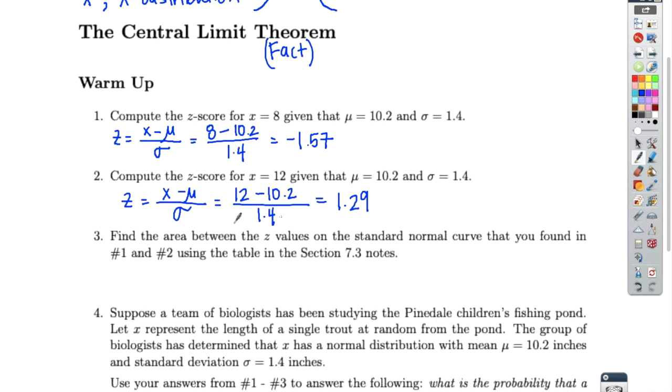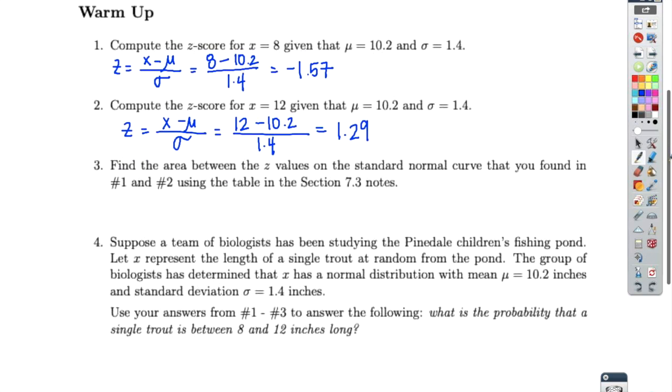1.29. Now, number three, this seems like the common procedure at this point. Number three says find the area between these two z values on the standard normal curve. So we'll use the table in the section 7.3 notes. Hopefully you have that marked in your note packet. I don't actually have it in this document, so I'll just write down the values that we get.